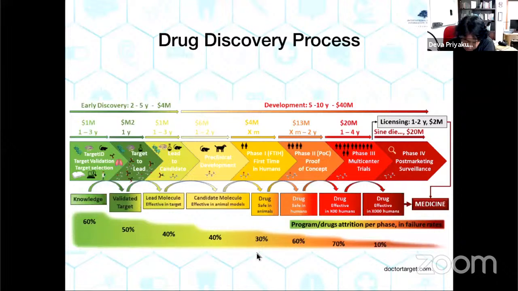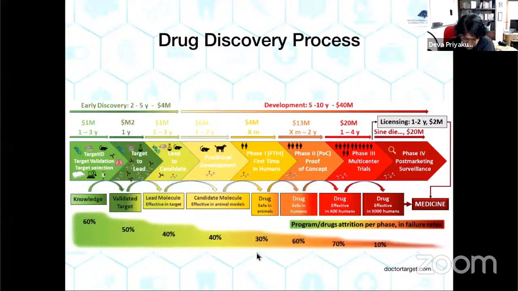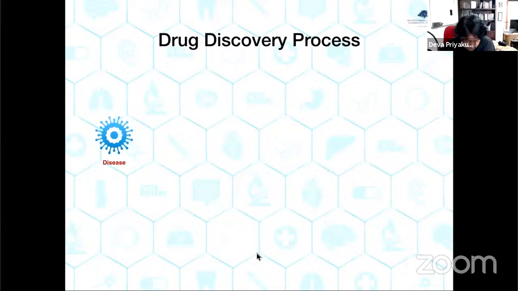So let's look at exactly the same thing, but in a slightly simpler version. What I'm showing in the next slide is exactly the same thing, but much more coarse grained, with much less details. Okay, so let's say I have a disease.